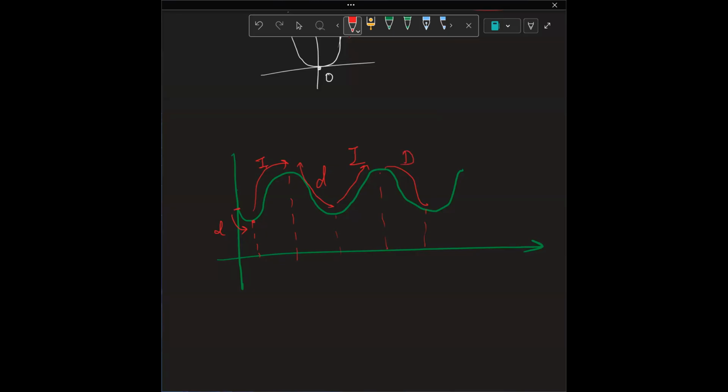So this graph is a graphical representation of whether your function is increasing or decreasing.